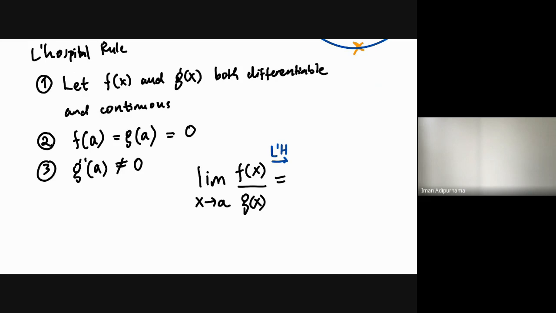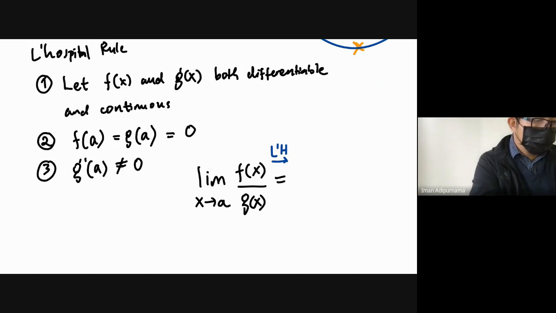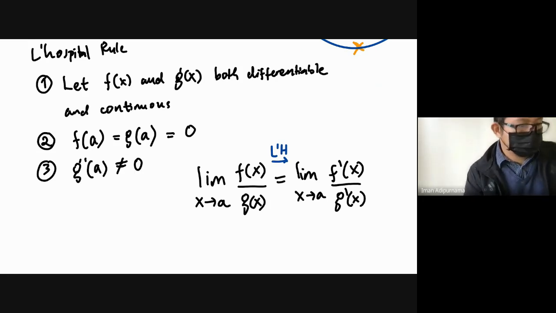So we need to find the first derivative, or the slope of f and the slope of g, and write this as, you still need to write the limit, f prime x over g prime x. Okay, this is how you are doing it.